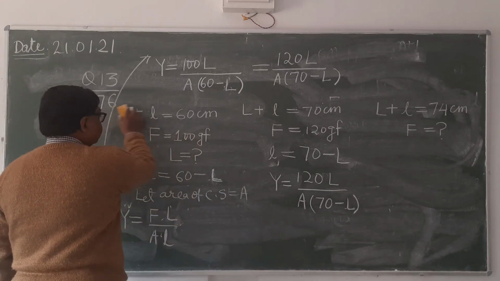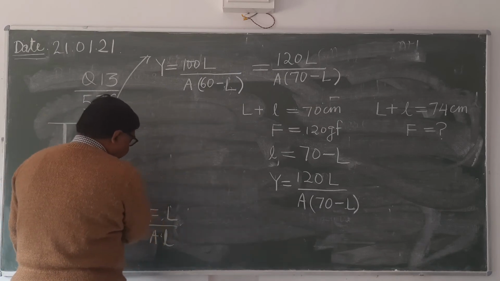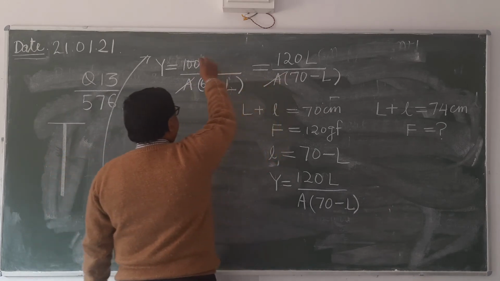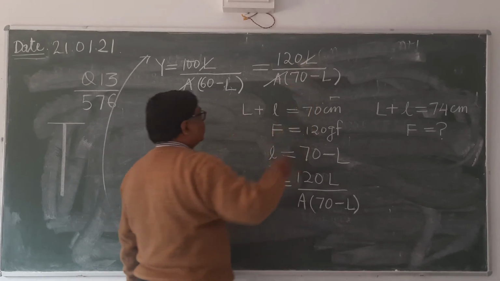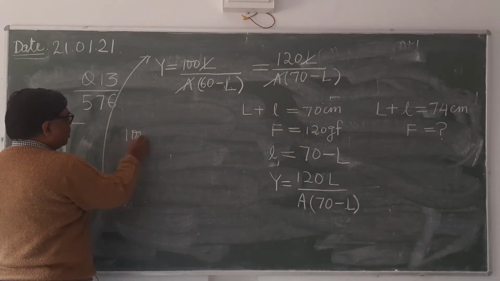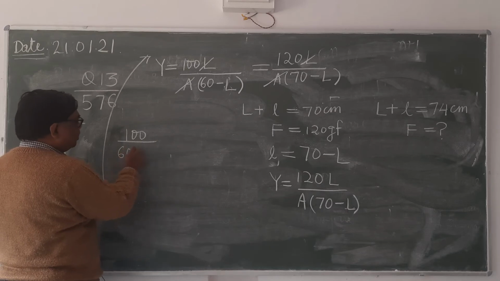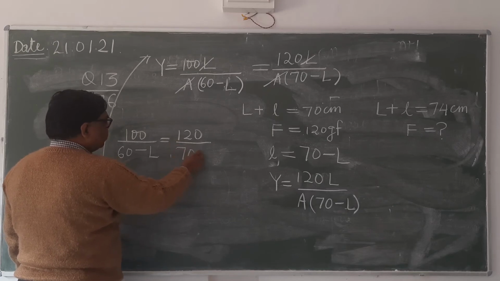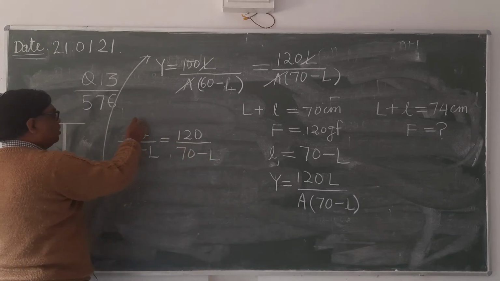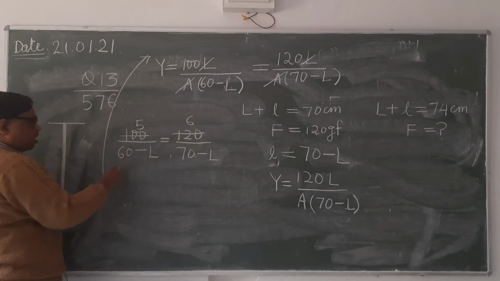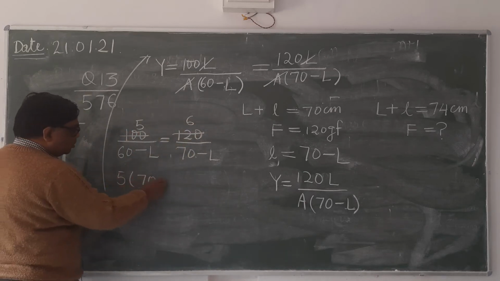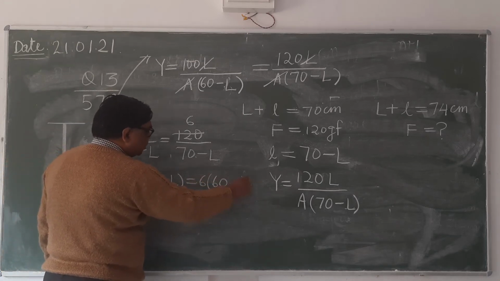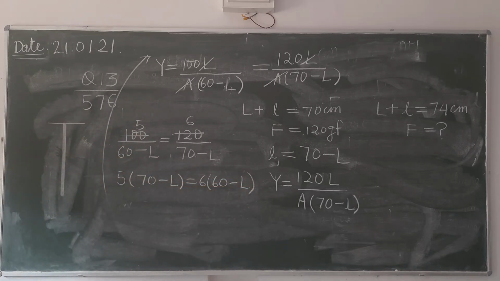Now see here. Here A and A will be cancelled. L and L will also be cancelled. What will you get? 100 upon 60 minus L equals to 120 upon 70 minus L. On cross multiplying, 5 into 70 minus L equals to 6 into 60 minus L. It's clear?